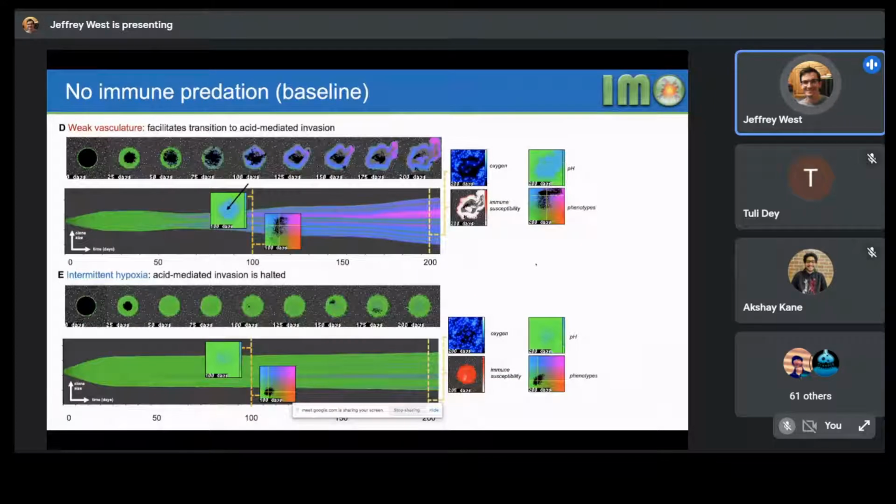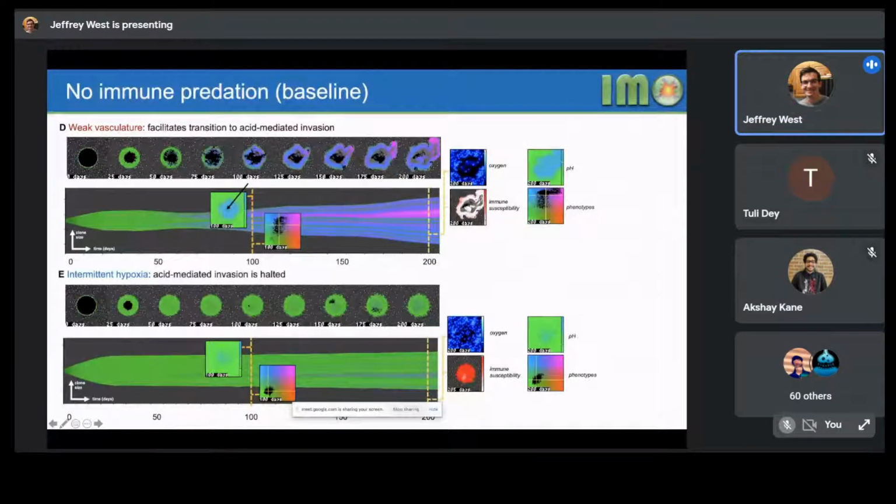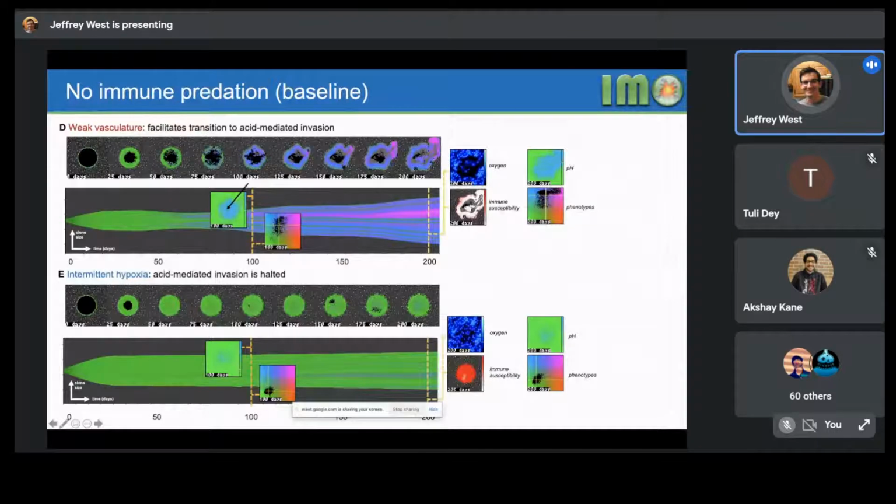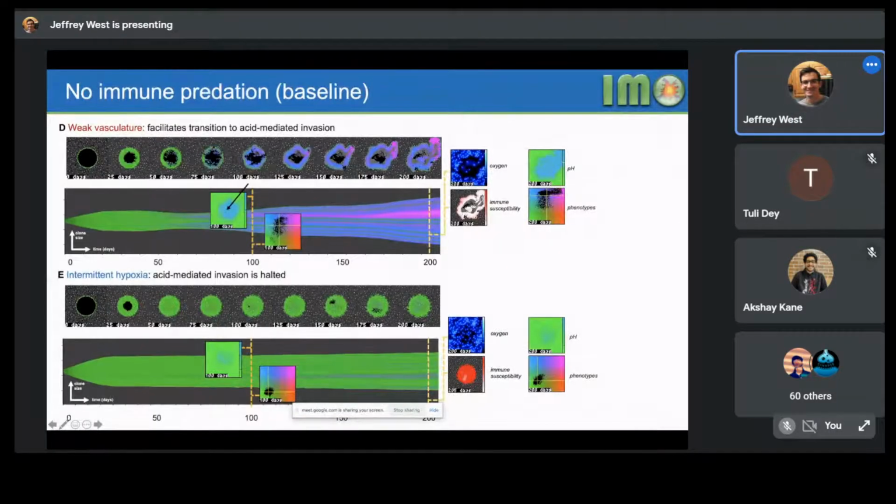Here's an example of those two cases. This is what I was talking about, this weak vasculature being more aggressive. So you can see over time that this pink phenotype emerges very quickly. All things being equal except for vasculature, this case grows into the center and the vasculature is replaced right away.